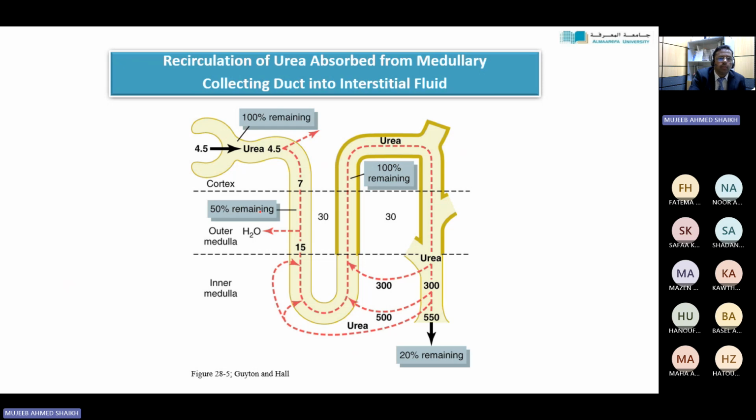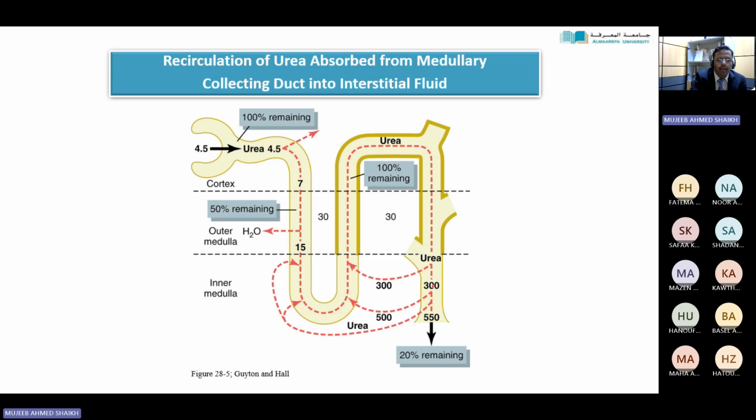Here it is shown. Suppose 4.5 ml or percent or milligram is filtered. Because of the concentration, it becomes 15 here, and then it will be reabsorbed. Once it reaches here, again 50% will be added.